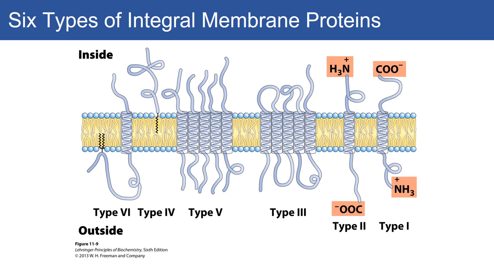Type 3 is the one that we commonly think of, with a large number of transmembrane domains that go in and out of the membrane. Type 5 does not. All these are aggregates, subunits that are interacting with each other. It's commonly a heteropolymer. Type 2 has an amine group that sticks out into the extracellular matrix and a carboxyl group in the interior, and type 1 is just the opposite of that.